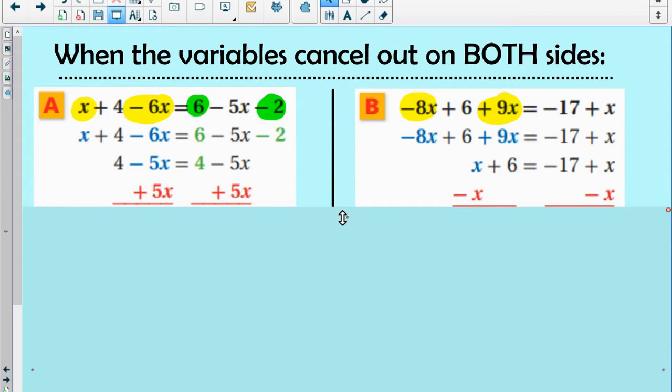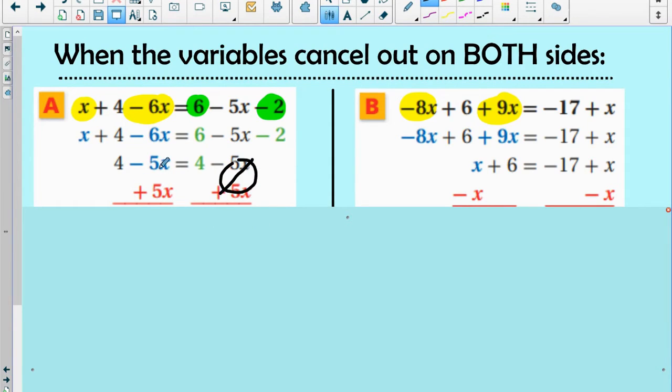In either case, our next step would be to try to move the variables to the same side, just like we did last week with two-sided equations. If I wanted to move the minus 5x to the other side, so move the variables to the left, I would undo subtraction by adding. That would give me the canceling out or zeroing out effect that I would want here.